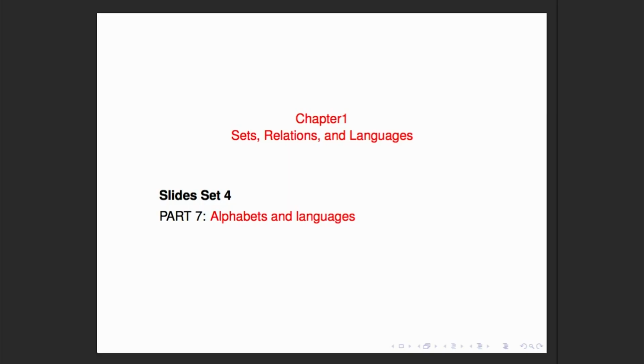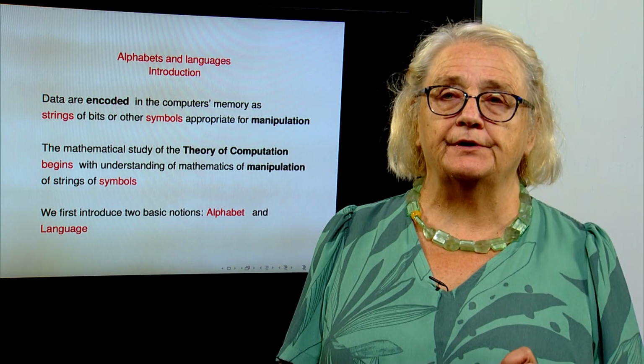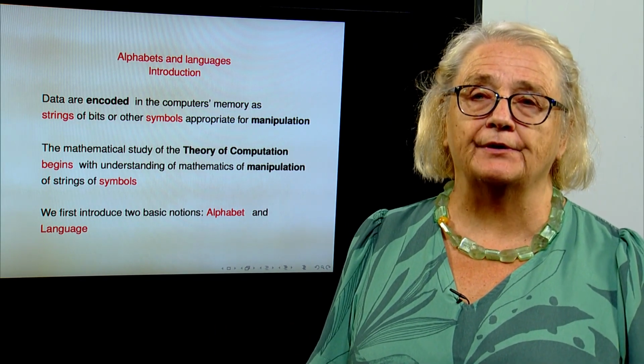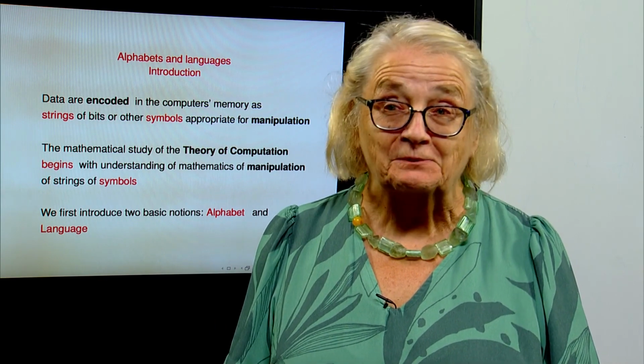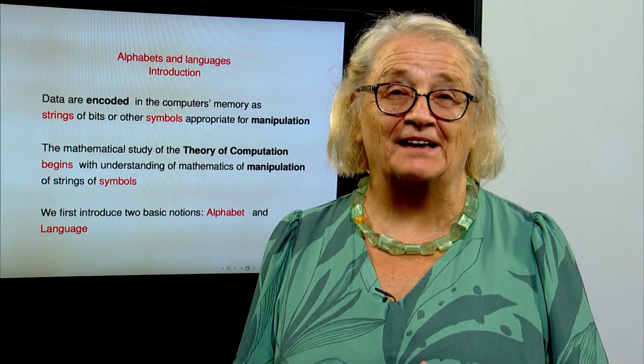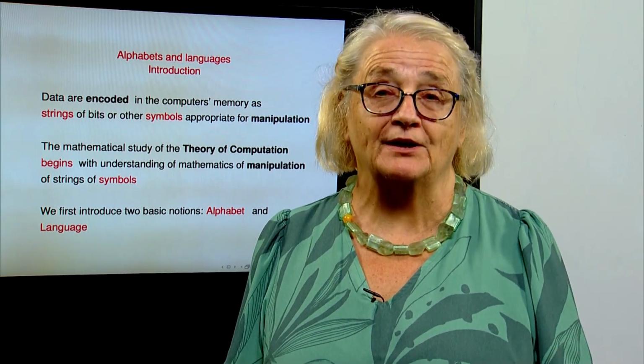All right, so now we are at part 7, the last one: alphabet and languages. Data are encoded in a computer's memory as strings of bits or other symbols appropriate for manipulation.